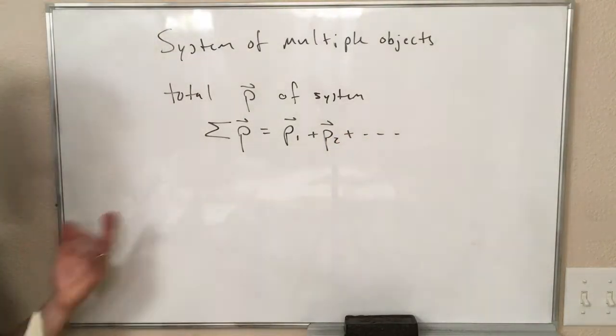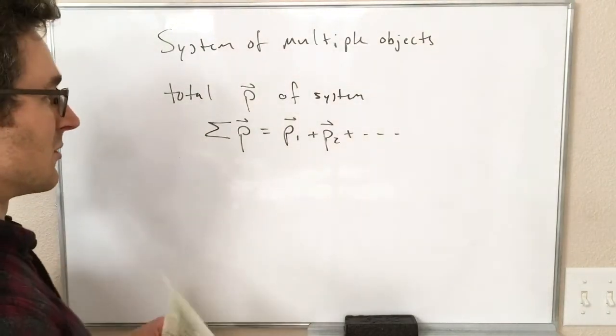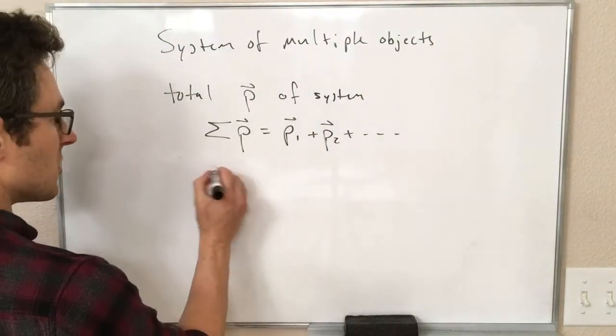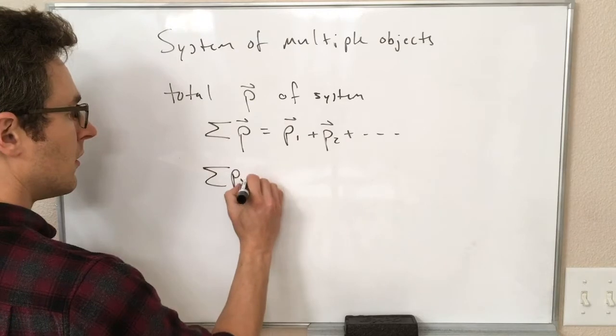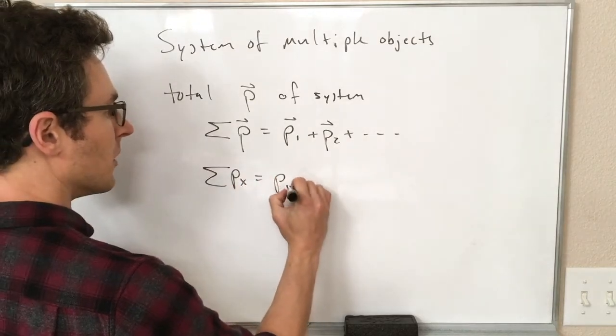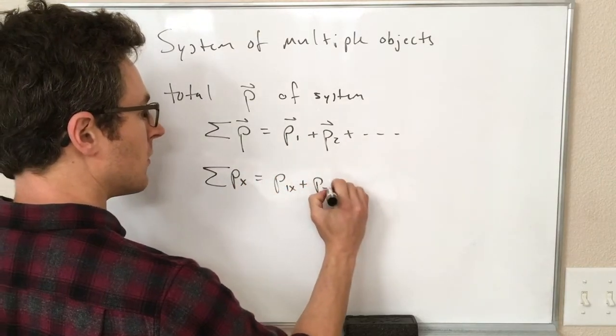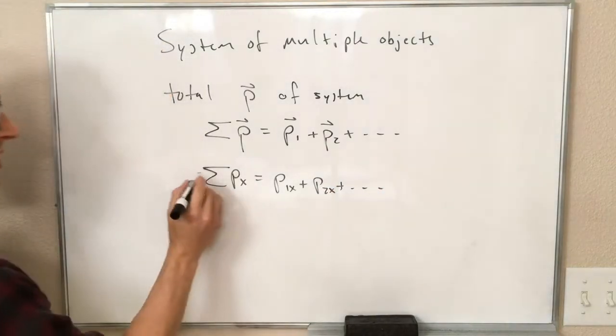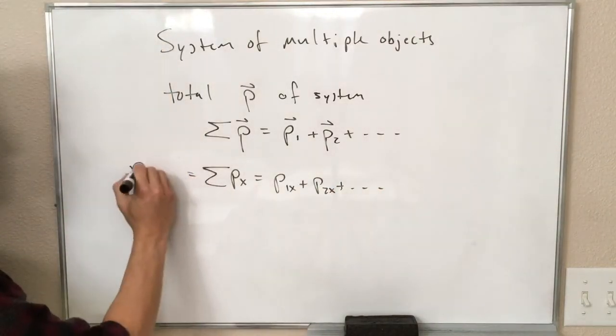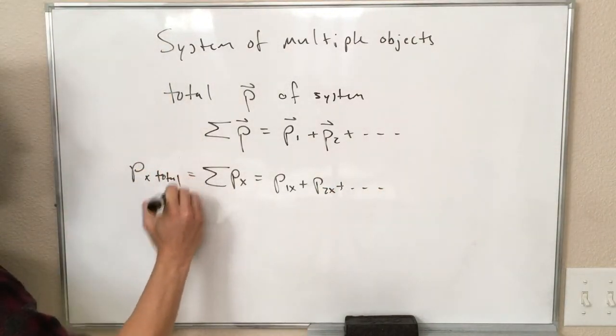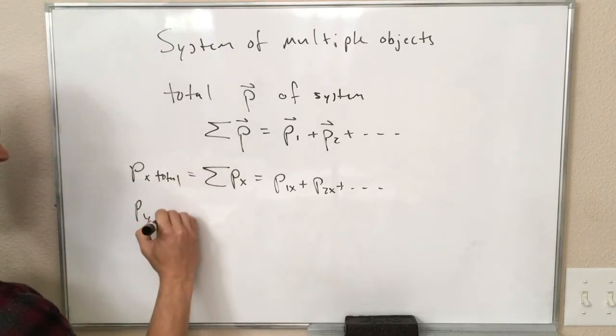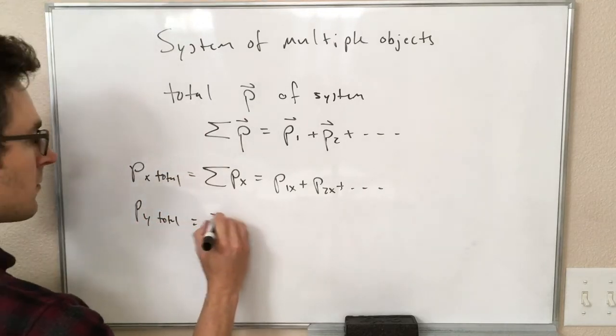And just like our other vector equations, this also has to be true in the x and y directions. So our x components have to add up to give the total x momentum, and the same thing in the y direction.